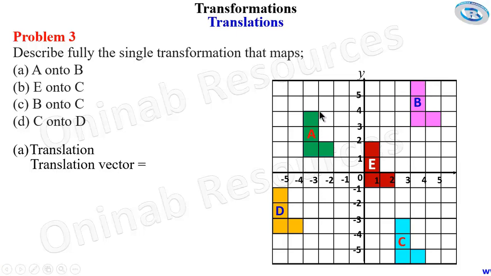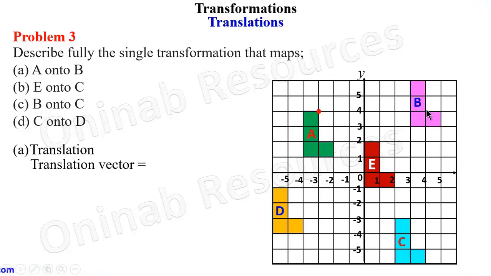We count from this line until we get to the line of that same part of the image. So we count 1, 2, 3, 4, 5, 6, 7. So the horizontal movement is 7. So we are here.